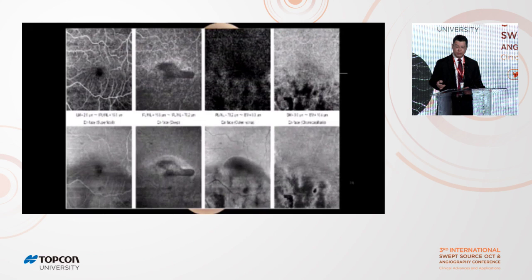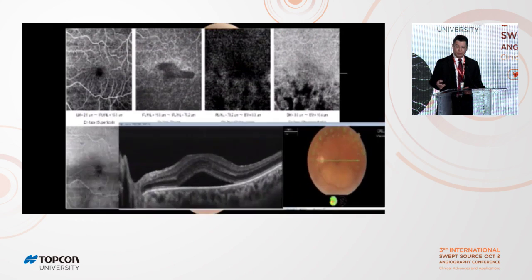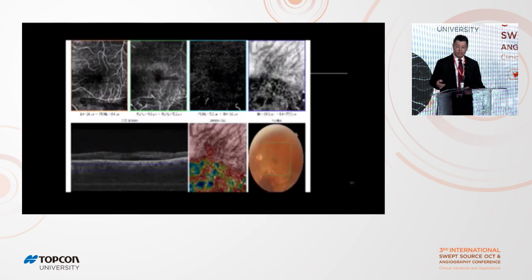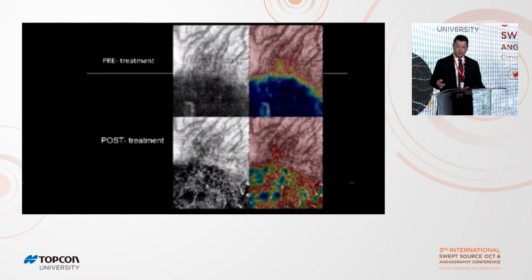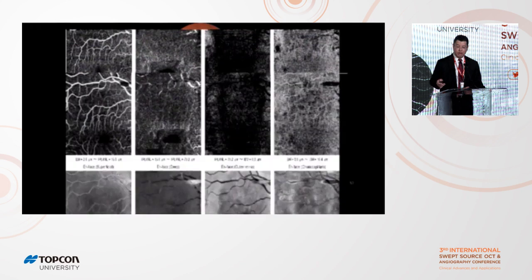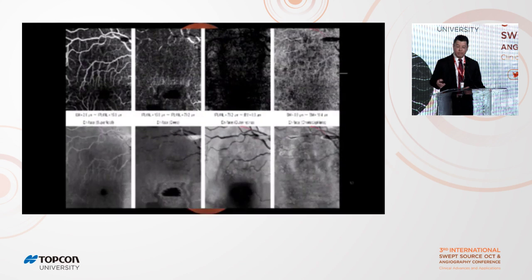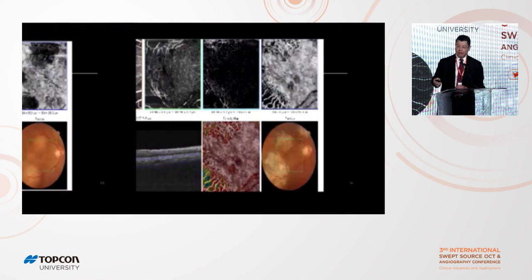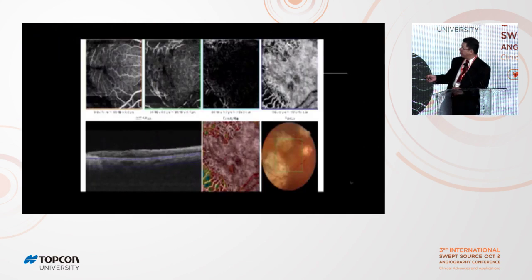This is before treatment, demonstrating the vascularity, and subretinal fluid can mask the vascularity in many of these cases, but the vascularity can be seen much better after treatment. This is before, and this is after. This is before treatment, and after treatment, you can see how these lesions show the vessels of the choroid much better.